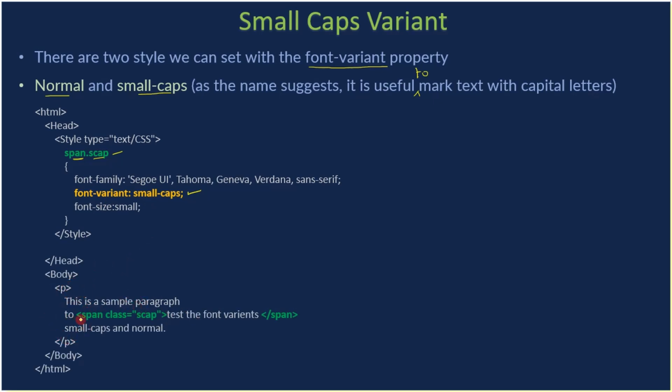This is the paragraph, and in the paragraph we apply small caps to a specific portion. Here is the span, and it is using the class scap, so the rule will be applied. The font size will be smaller, and we apply small caps to it.